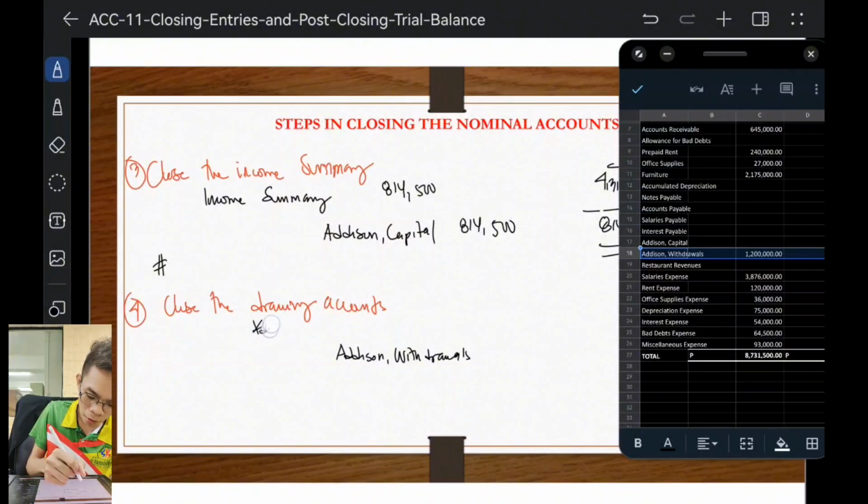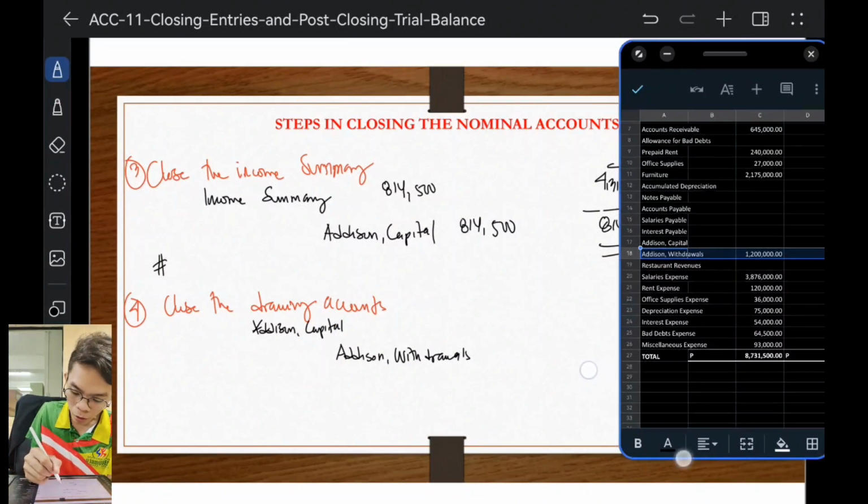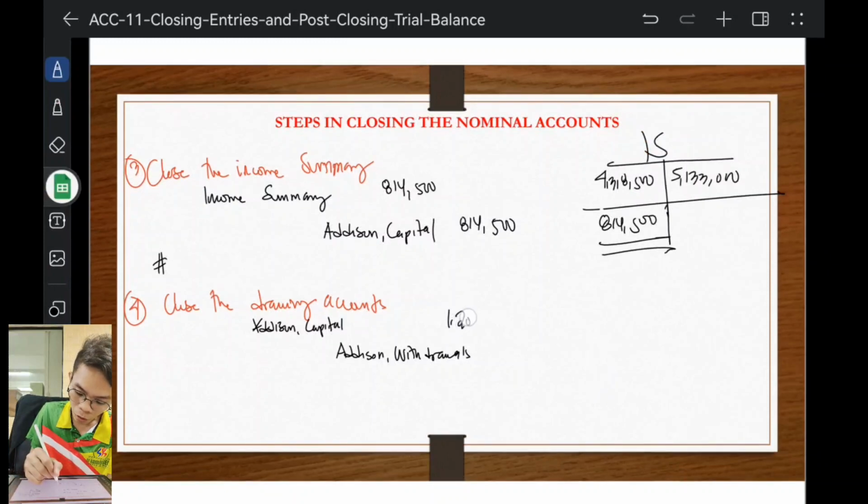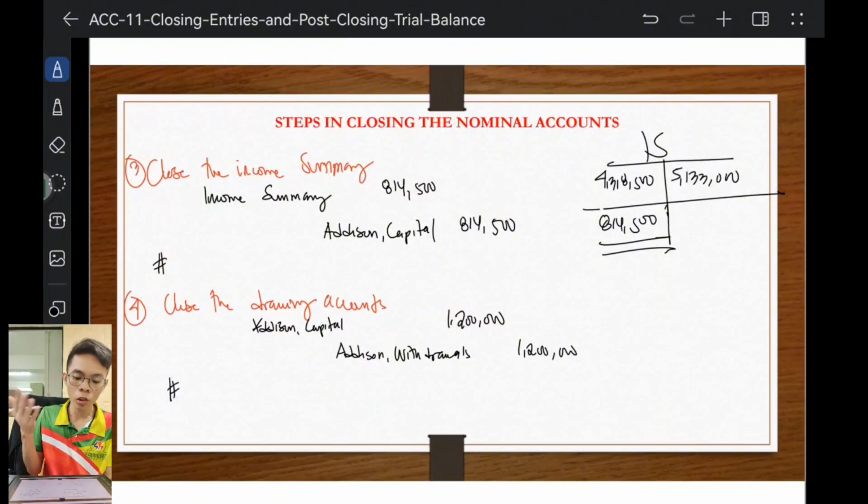So Addison capital. So how much is that? That would be 1,200,000. So that is to close the drawing account, or to record the closing entry for the drawing account.